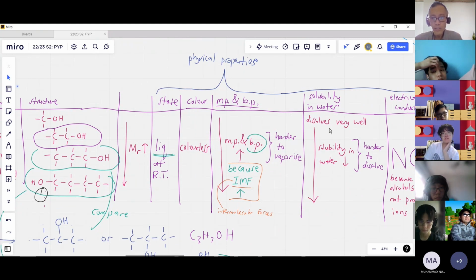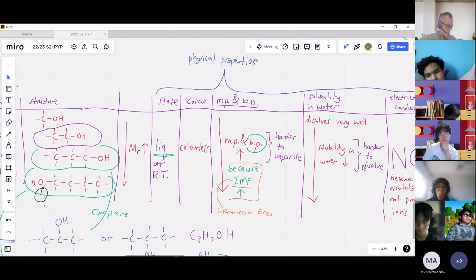But guys, I want you to note down, as you go down the family, it becomes harder and harder to dissolve in water. Because there's a lot of bonds, solubility decreases. Well, yes, that's one way to look at it, but don't worry, you won't be asked to answer in that manner. But you're right. Basically, the molecule becomes bigger and bigger.